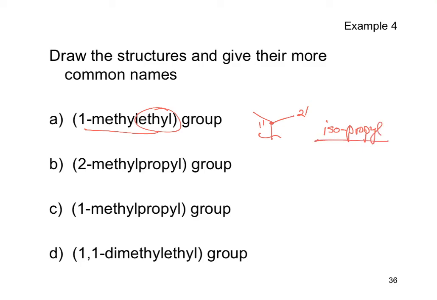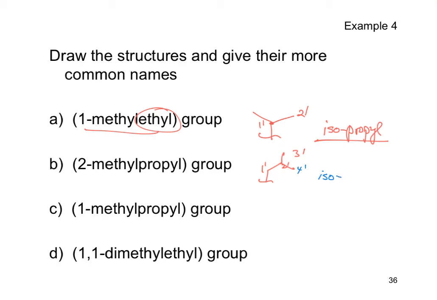All right, let's take a look at the 2-methylpropyl. And you know what? I'm gonna give you 5 seconds to work it out because it should take you no more than that. So we got this again, it looks like a Y shape, but it contains 4 atoms total. So what should be the name?